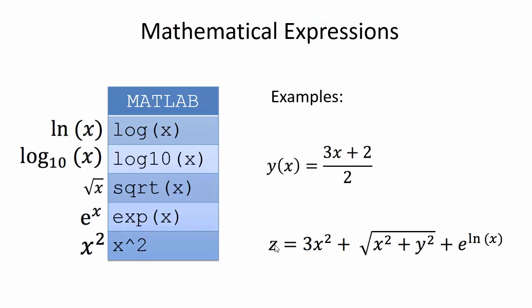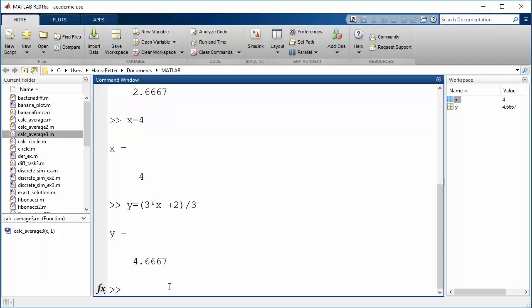So let's see if we are able to enter this slightly more advanced mathematical expression in MATLAB, where we need to use some of these built-in functions. Then we start to define these expressions. z equals 3 times x square, like this, plus the square root.